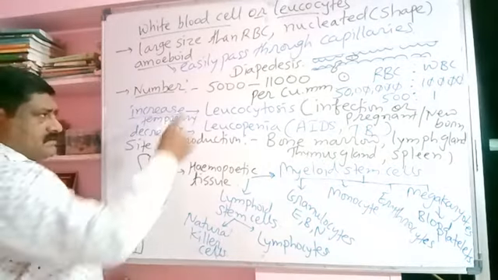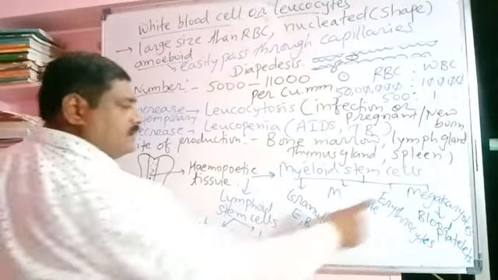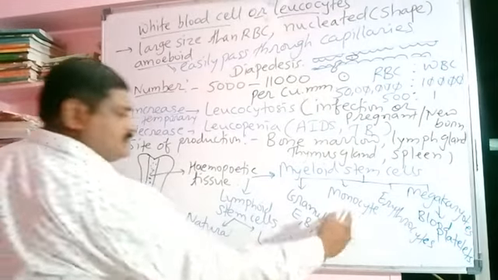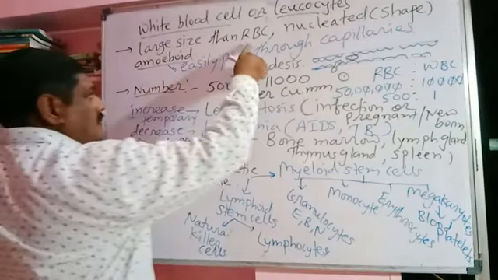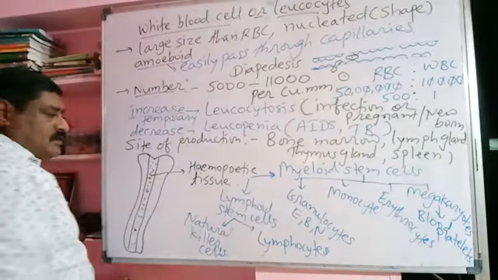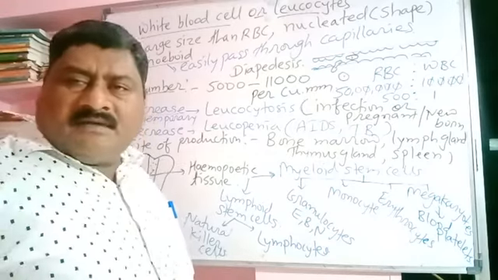So these cells, natural killer cell, lymphocyte, granulocyte, monocyte, are the types of WBC concerned with protection. They act as the soldiers of our body. They protect the body from infection.